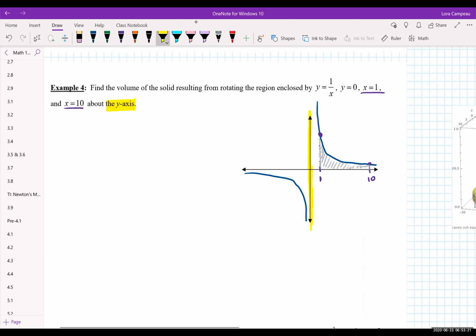It does help to be able to visualize it, but drawing the cross-section should help as well. So we're not using a washer, and the reason is the height varies according to the cross-section used.